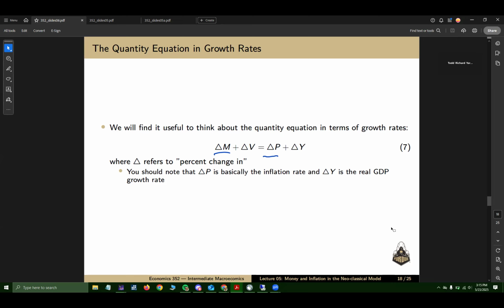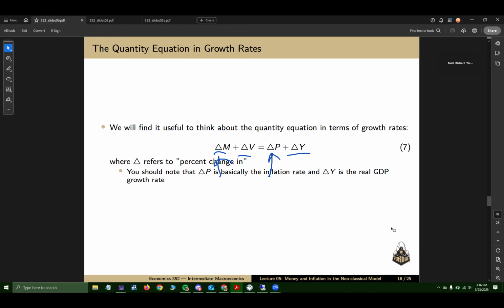The cool thing about the quantity equation is that for given levels of M and Y, and if we assume that change in V is zero, we can relatively easily back out inflation rates. And so we can see to what extent the rate of growth in money supply corresponds to inflation. And in the quantity equation, it's basically one for one. So the quantity equation argues that if everything else is held constant in this model, any increase in the money supply in the short run is merely going to translate into inflation, right?